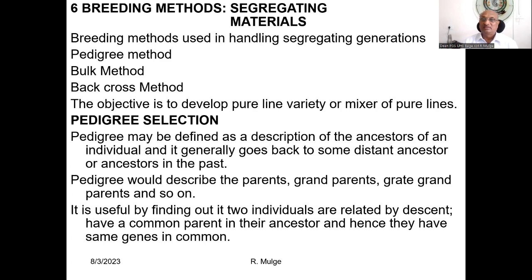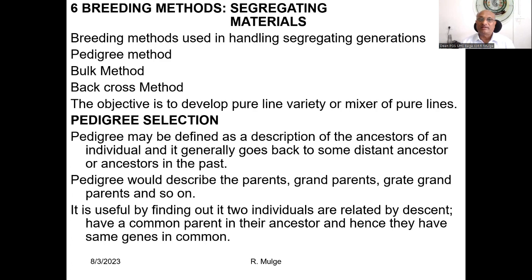It is mostly used in self-pollinated crops, where selfing is happening and they segregate after the F1 generation. So in F2 the material starts segregating, and there we make selections, but the material tends to become homozygous after every self generation.